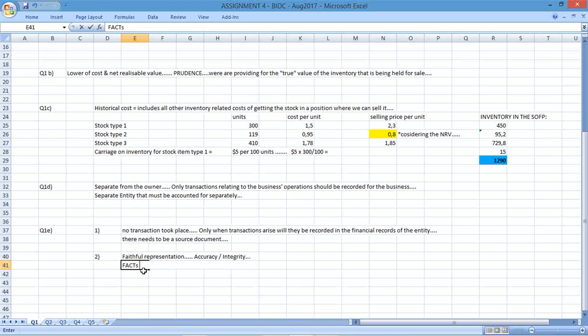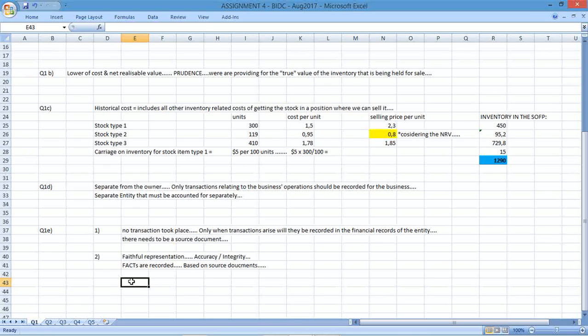So facts have to be recorded, based on source documents. So when focusing on recording transactions, remember these transactions haven't taken place yet. So when they take place, if a transaction took place between the business and the customer, then we can record something that relates to it.